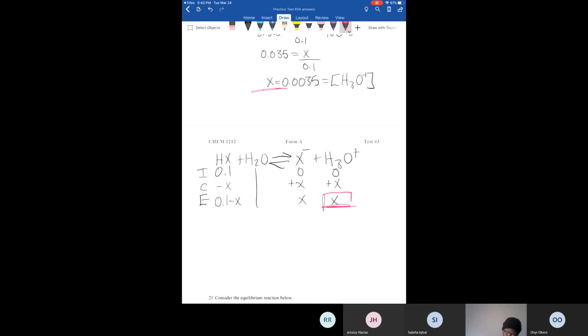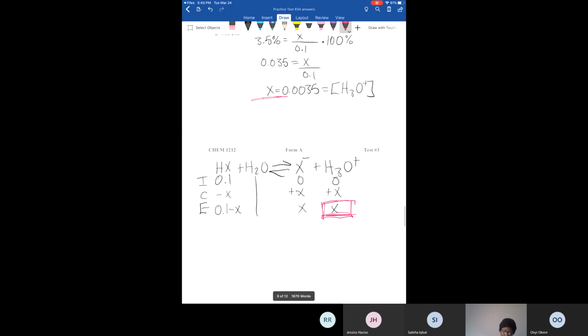This X value is your equilibrium concentration, because you use the equilibrium concentration of H3O plus in percent ionization.